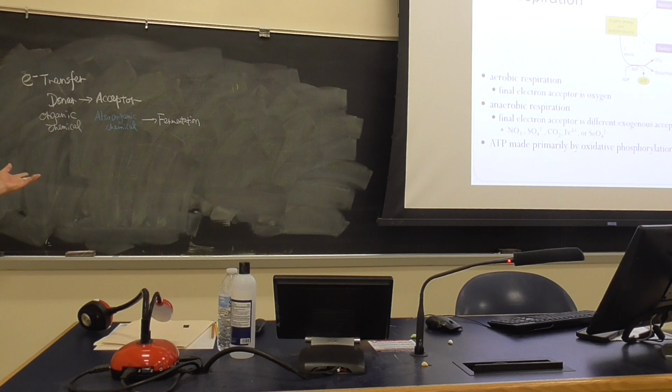Electron donor is an organic chemical. Electron acceptor is also an organic chemical. That's called fermentation.